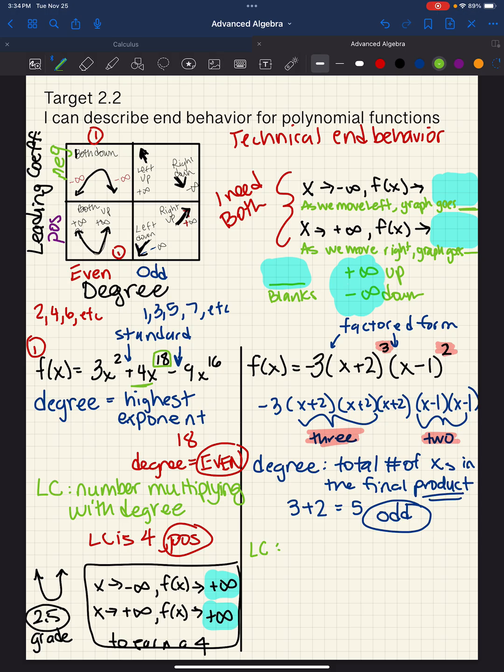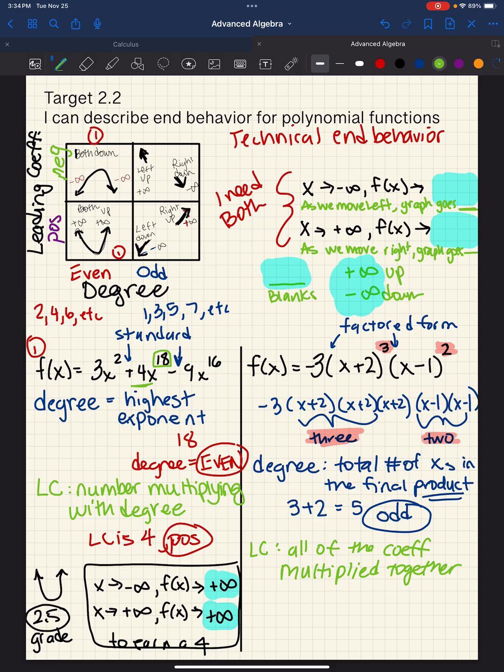But what we're looking for now is all of the coefficients multiplied together. It's the same idea of a product. We need a product in our answer here.